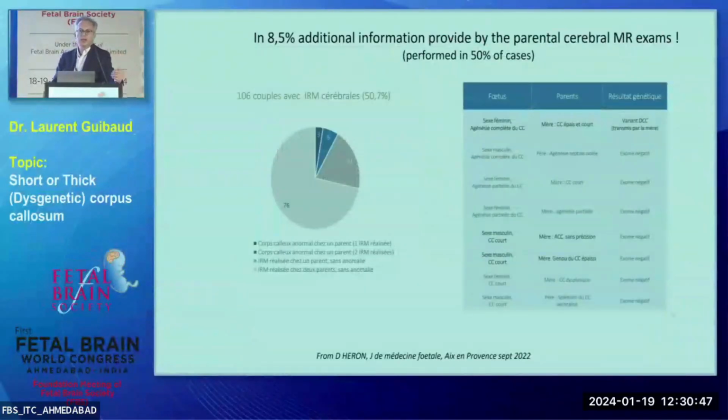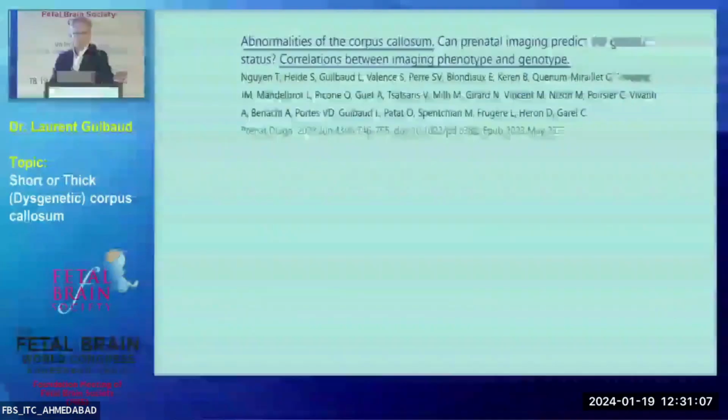If we do corpus callosum dysgenesis MR for the fetus, we should also do parental cerebral MR, because in almost 10% of cases, we have more information, and we found some anomalies of the corpus callosum in the parents.